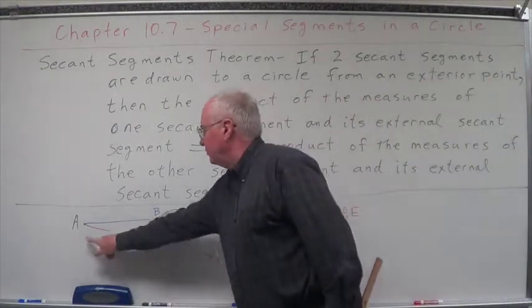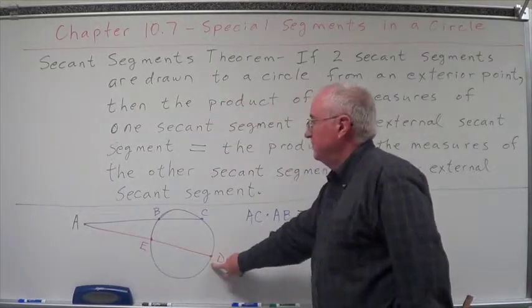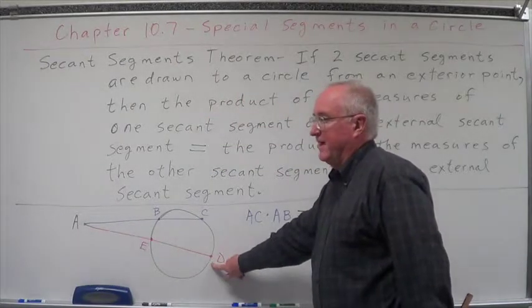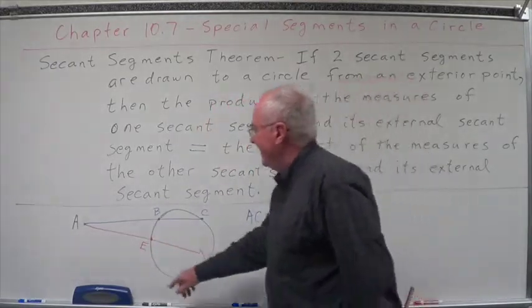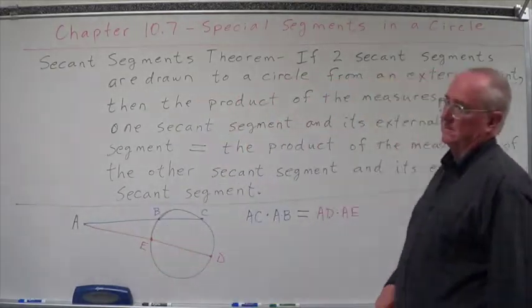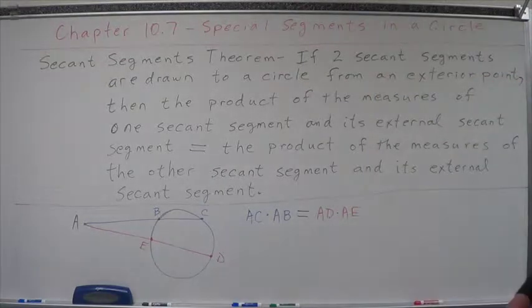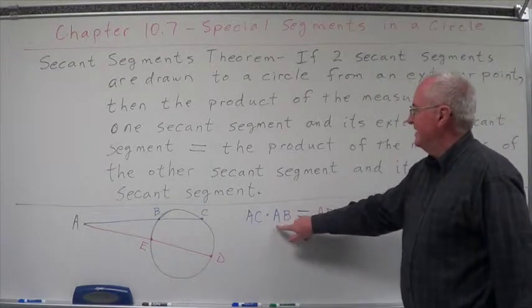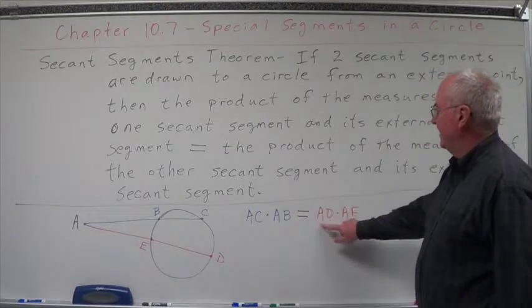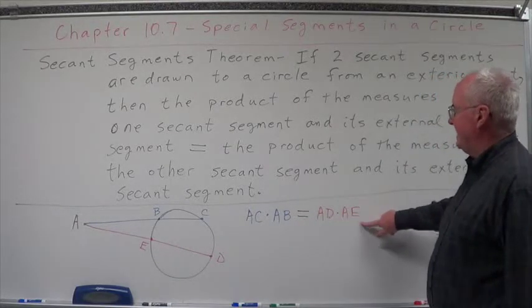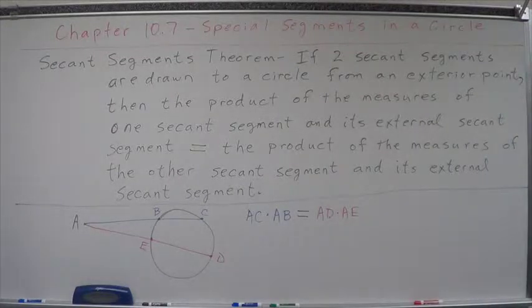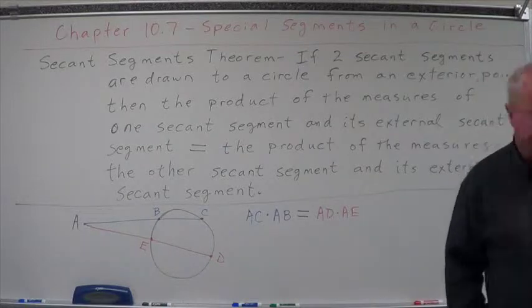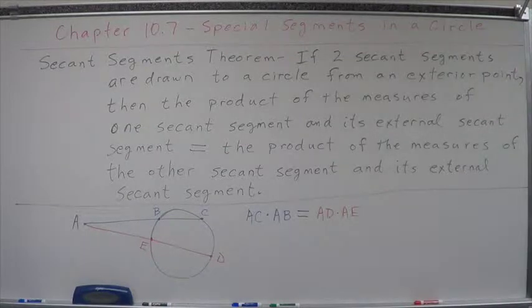And that is going to equal the entire length of the other secant segment, AD, times its exterior portion. So AC times AB is going to equal AD times AE. Okay? AD times AE. All right? That's the secant segments theorem.